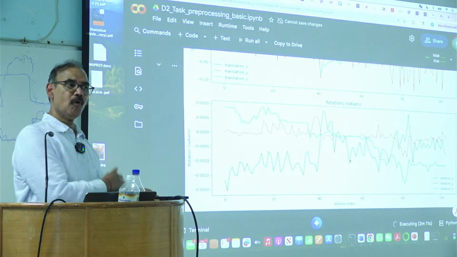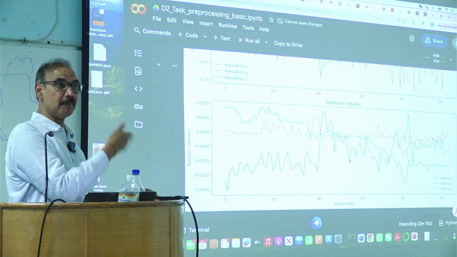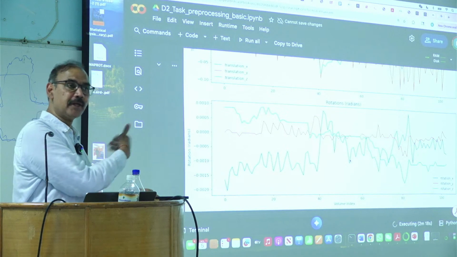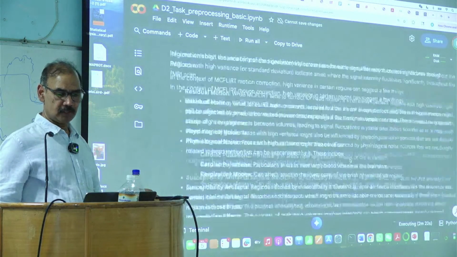Volume typically means data points in time.